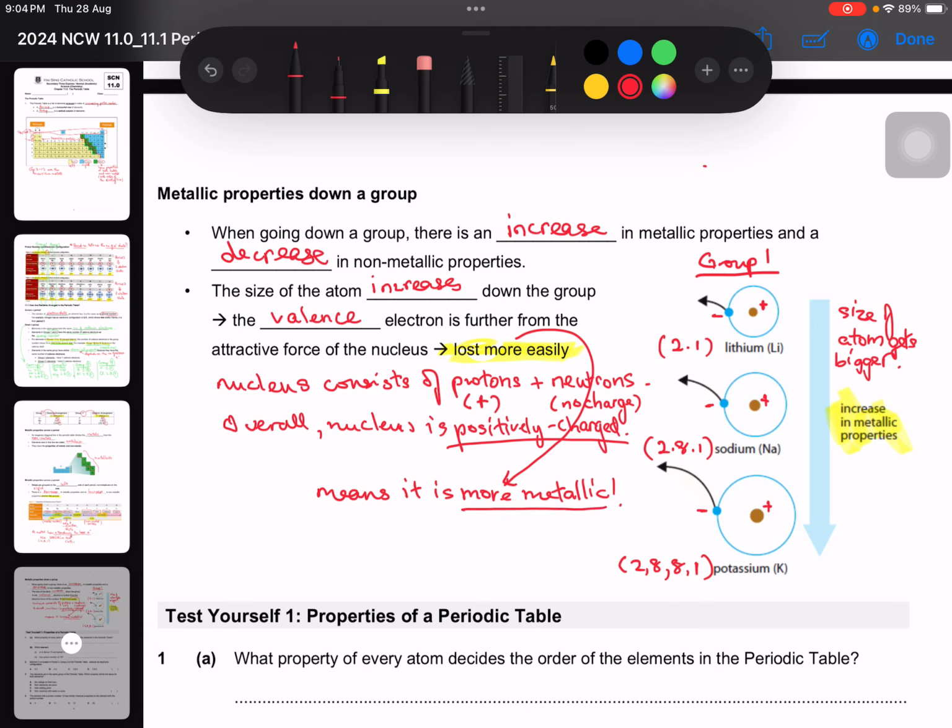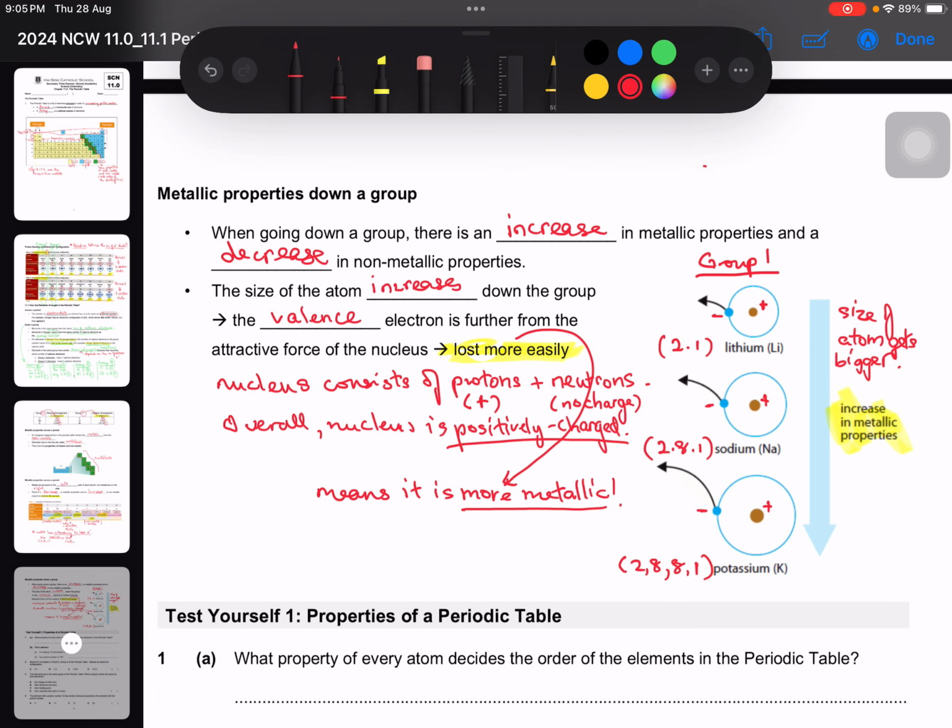Okay, if the electron is lost more easily, means that the atom is more metallic. So out of the three, lithium, sodium, potassium, which one is the most metallic? Answer is potassium. Potassium is the most metallic because its electron, its valence electron, is lost more easily.